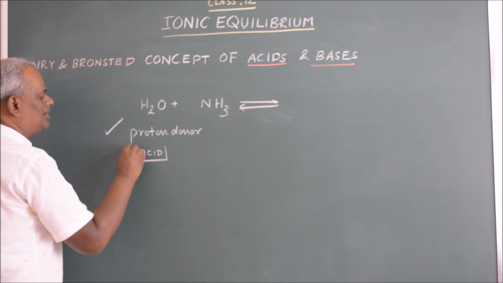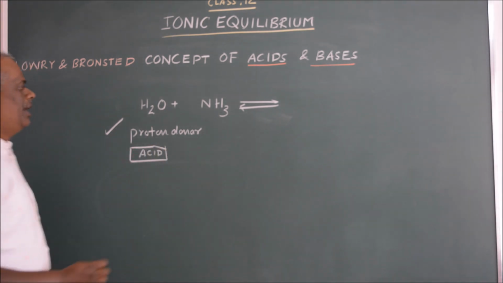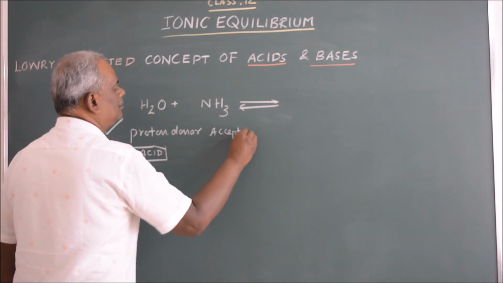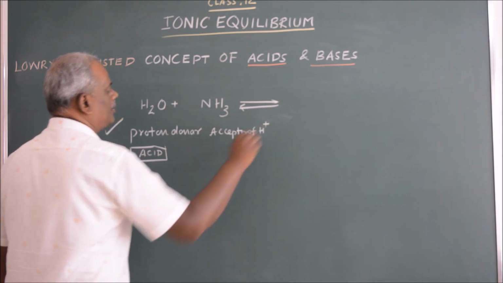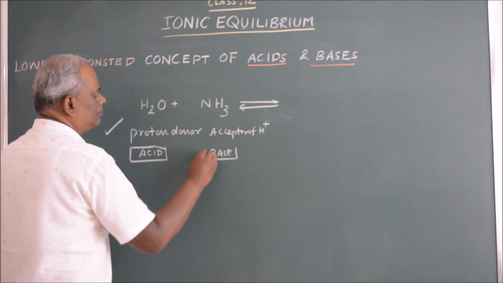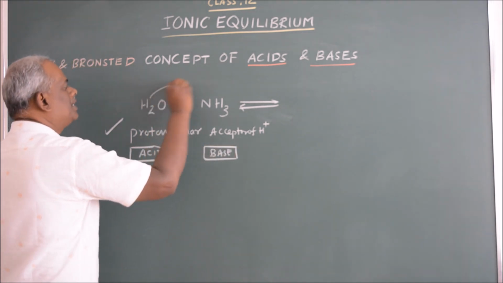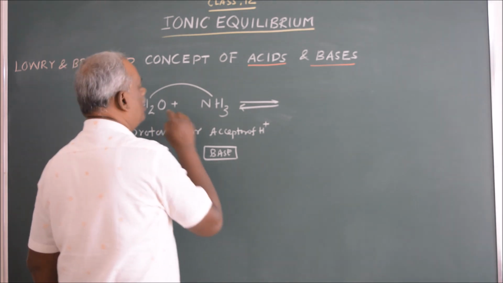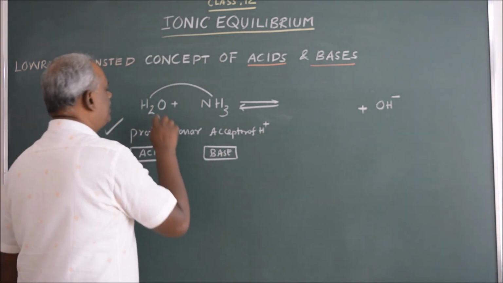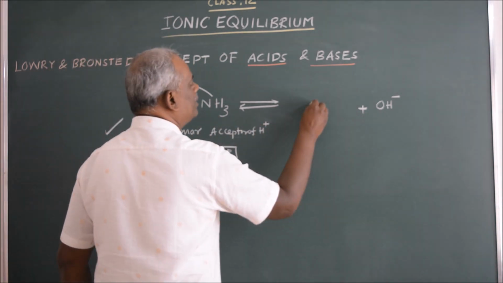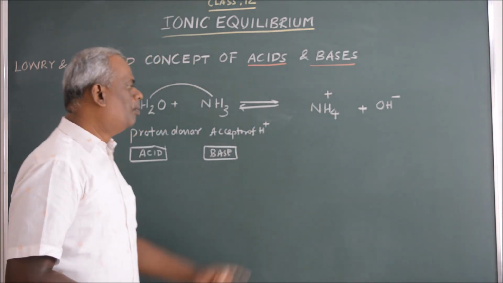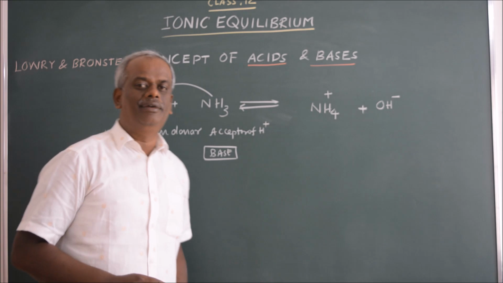So in this case, this is the acid. And NH3 will be the acceptor of proton, acceptor of H plus, so that we can call this a base. After the donation of hydrogen plus, this is forming OH minus, and after the acceptance of hydrogen plus, this can form NH4 plus, the ammonium ion, and hydroxyl ion.